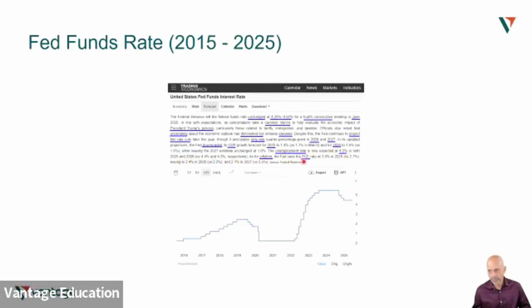And as for inflation, they expect inflation to remain persistently elevated, or stubbornly sticky, with PCE inflation coming in at about 3% in 2025 versus the earlier forecast of 2.7%. For 2026, they expect PCE inflation at about 2.4% and 2.1% in 2027.